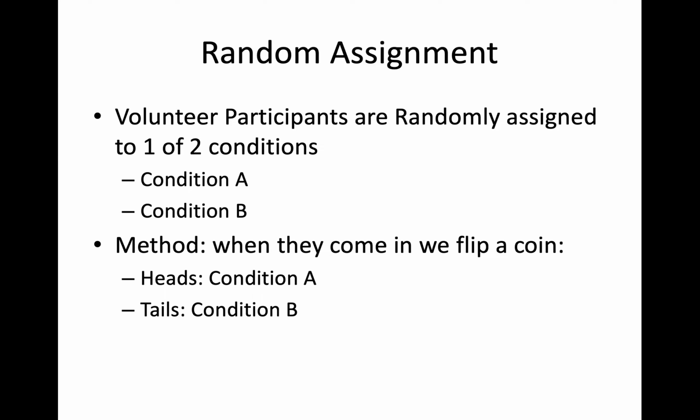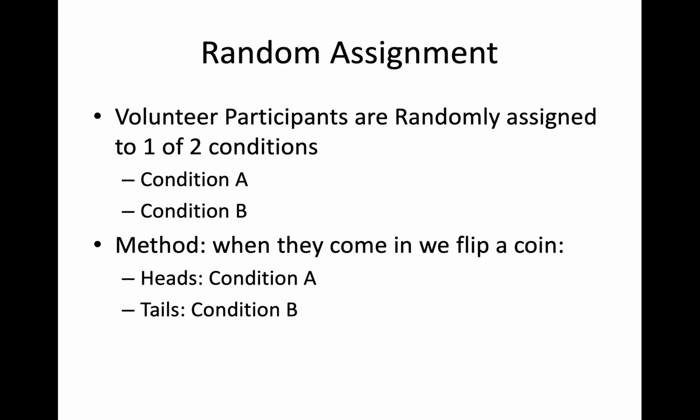So, in a random assignment situation, as I alluded to, we usually start with a very simple process. We have volunteer participants, and we have two conditions: condition A, condition B. These are not subject identifiers. This might be drug versus placebo, method 1 of therapy versus method 2 of therapy. It might be you get emotionally provocative words and the other group doesn't.